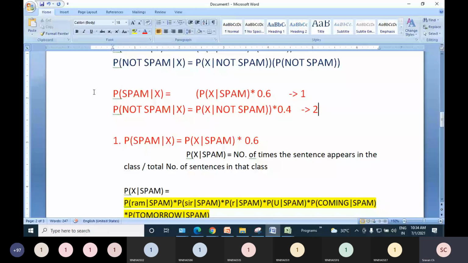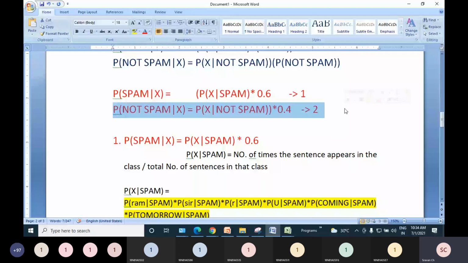So this is the application of the naive Bayes optimal classifier to identify whether a given x, here x is nothing but the English sentence, is a spam message or not spam message. That we will decide based on the result of P of spam by x and not spam by x.